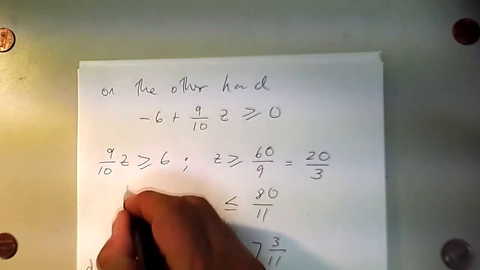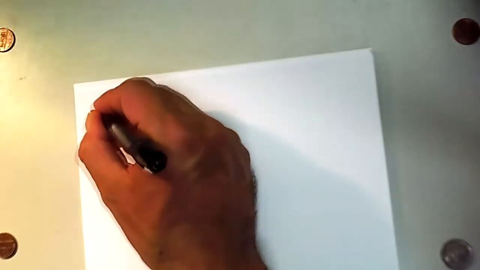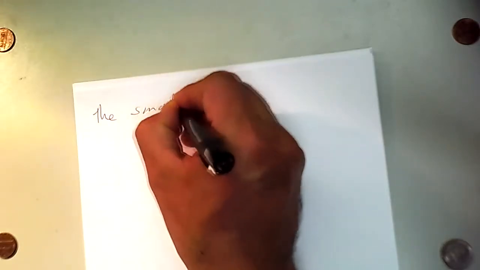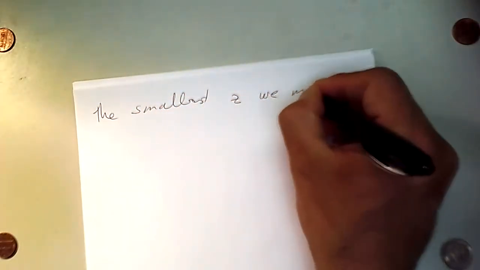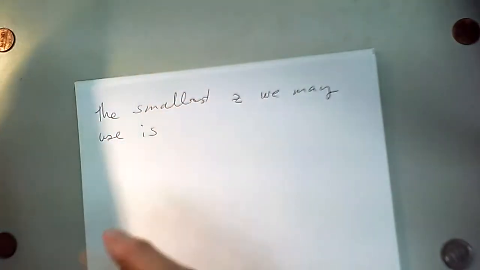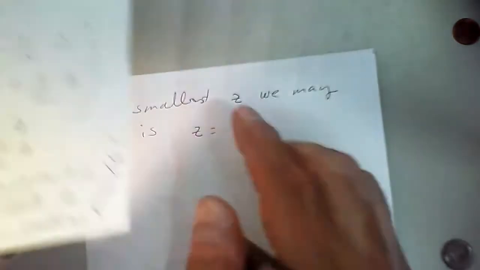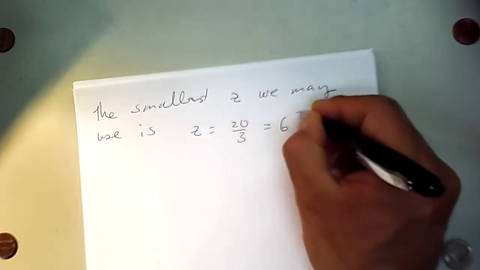Again, this is important. This is the restriction on the Z. So the smallest Z we may use is Z equals 20 over 3, which is the same thing as 6 and 2/3.